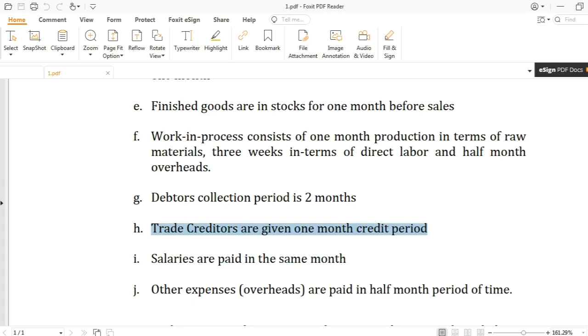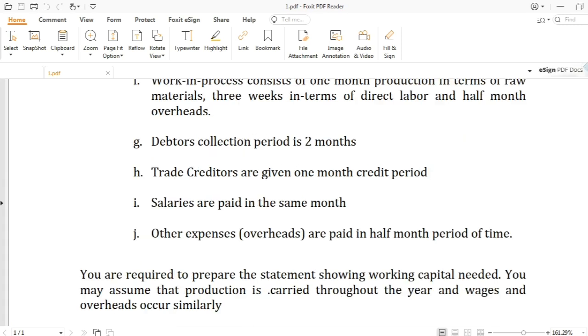salaries are paid in the same month. So no arrears in the salary because salaries will be paid in the same month. Other expenses, overheads, are paid in half month period of time.